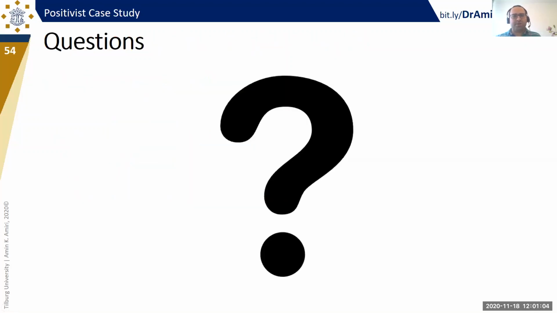So one question asked here is: why is a positivist explanatory case study mostly used by students? Is it easier than other kinds of research? Yeah, it can be way easier during the interviews because you already have a theory, you already have the constructs.